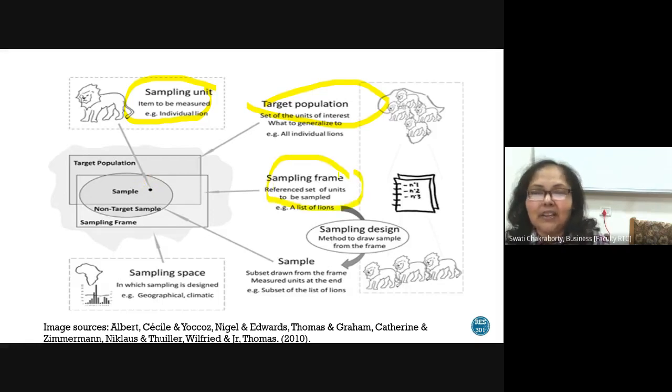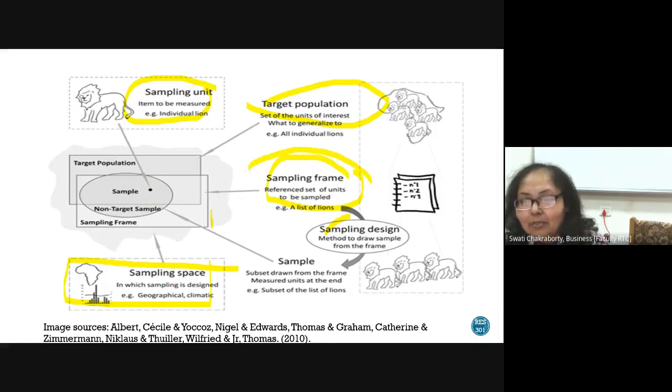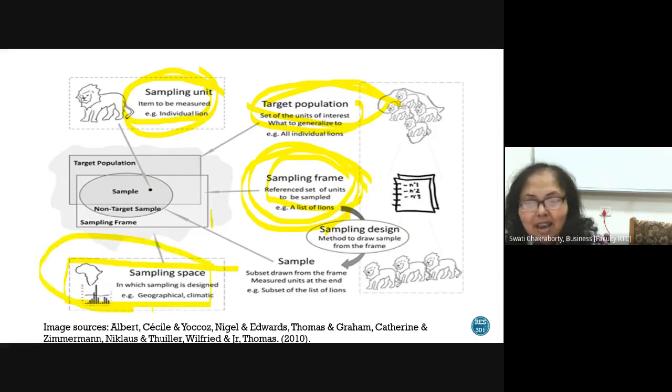Next is your sampling frame, which is the reference set of units to be sampled. Then there is the sampling space, in which the sampling is designed.